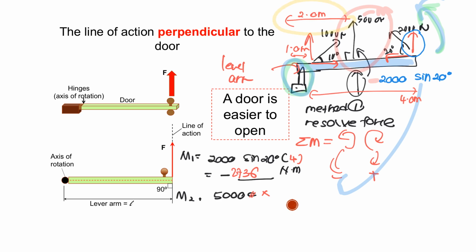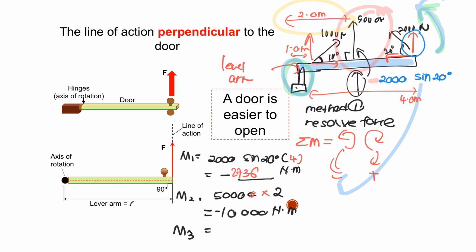So it's going to be 5,000 times 2, you get 10,000 Newton meter. Clockwise or anti-clockwise? Yes, it's going to be anti-clockwise, then you need to put the negative over there. Next, for moment 3, which is 1,000 over there, which one is going to produce a moment?